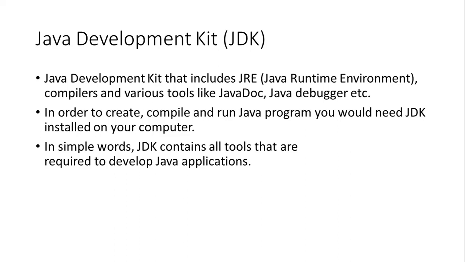If we want to write or create our Java program, compile and run it, then the JDK is required, because the JDK provides us a development environment for writing, compiling, and running.